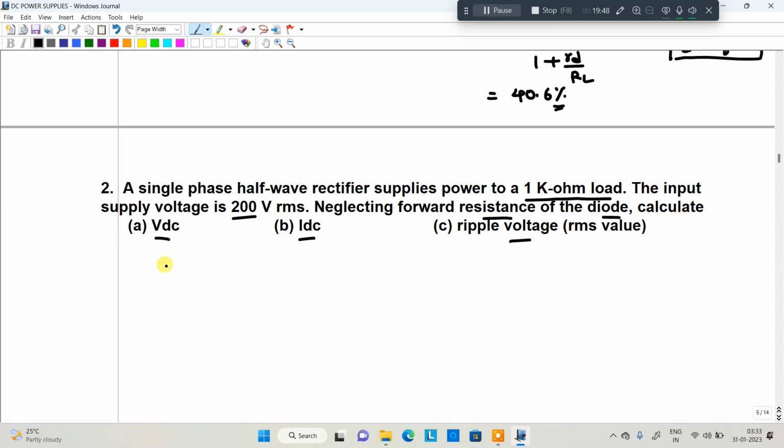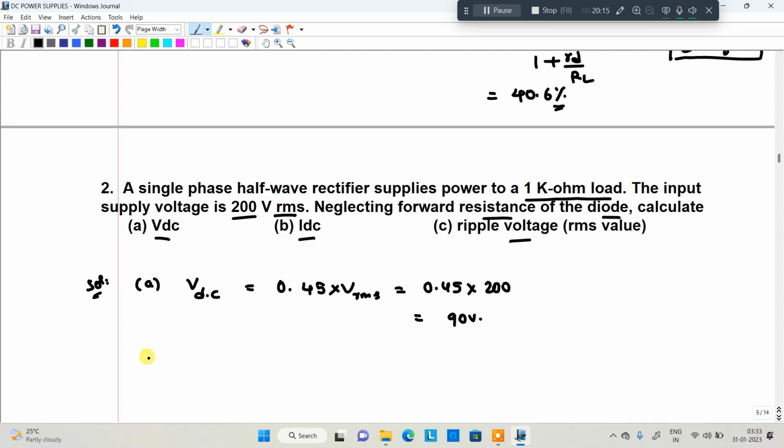So first one, A, VDC, that is nothing but the average value. What is the formula for the average value if the RMS is given? 0.45 into V. This is the RMS value given. So 0.45 into 200 will be equivalent to 90 volts.